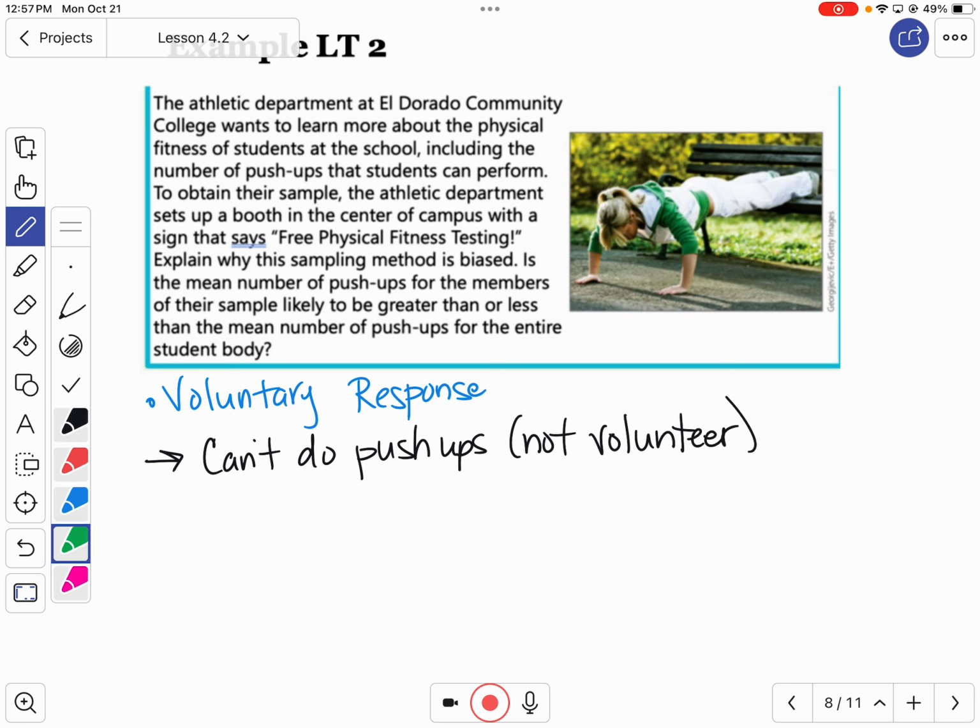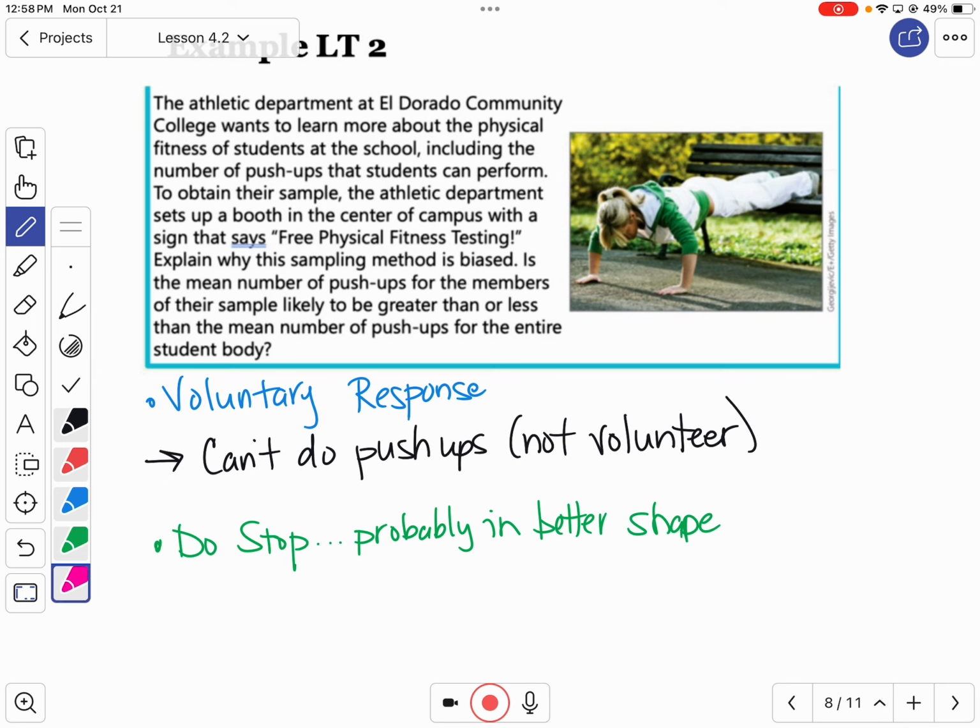And so if we think about the people who do stop, they're probably going to be in a lot better shape than the average person, all right? So the ones that do stop are probably in better shape. Are they going to be able to do more or less push-ups than the average person? Yeah, the ones who stop are going to be able to do more.